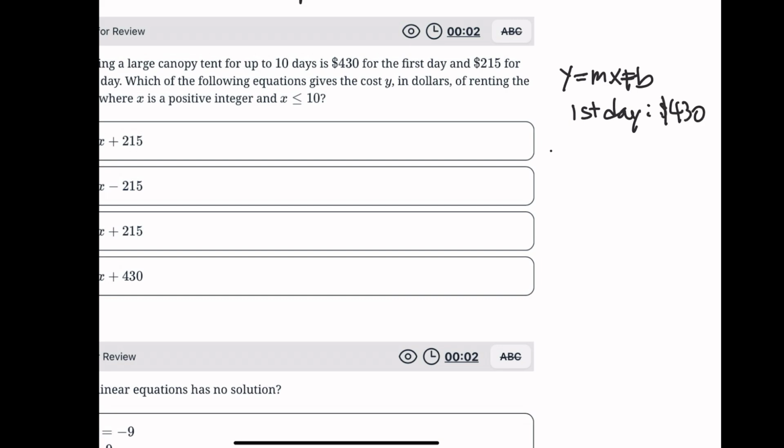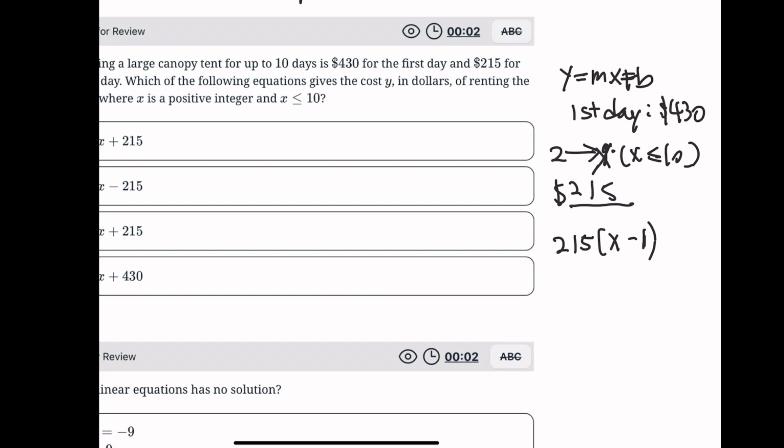And for the second to the 10th day, to the x-th day, where x is less than or equal to 10, the cost is $215. So essentially the slope would be $215. But you have to remember that it's for x minus 1 days that this is the case. And on the first day it would be $430, so you have to add back the $430.